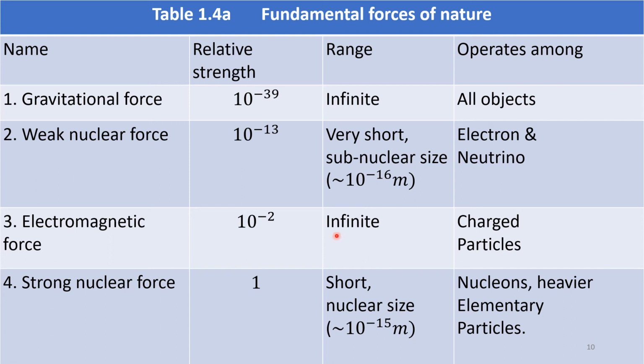And electromagnetic force is infinite and it is between charged particles. Whereas the strong nuclear force is short, approximately equal to 10 to the power of minus 15 meters. It operates between nucleons, heavier elementary particles.